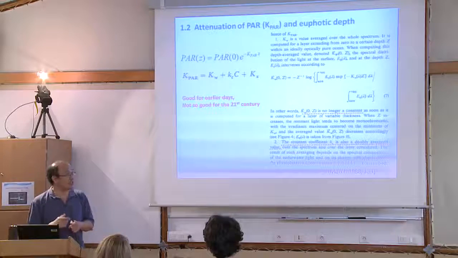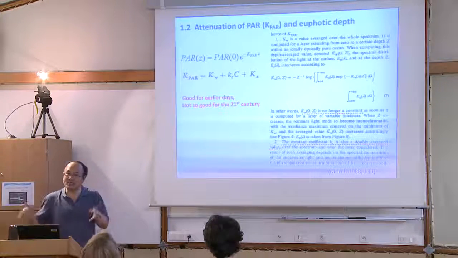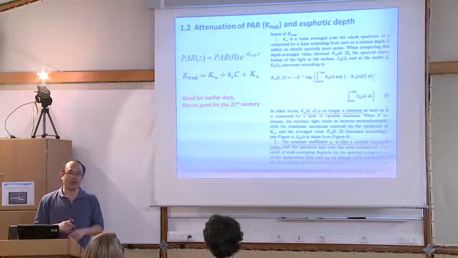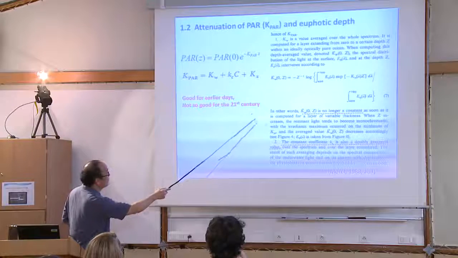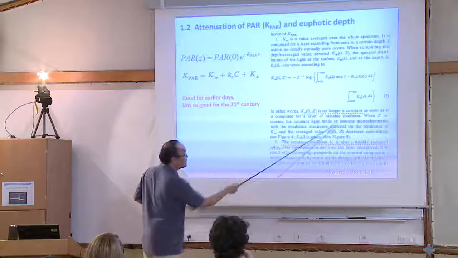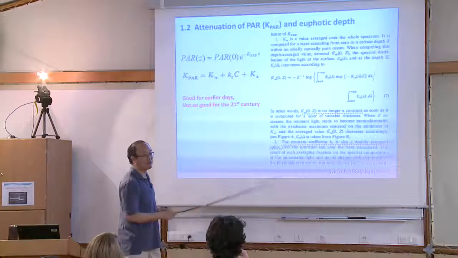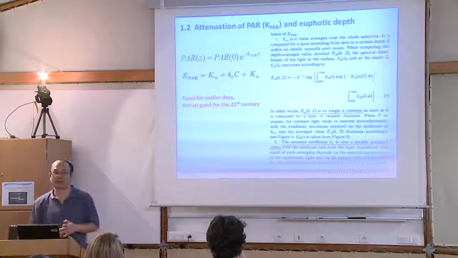Bluer and bluer basically means this K_PAR will get smaller and smaller. There's no such thing as a constant K water. As Morel said, K water(Z) is no longer constant as soon as you consider a layer of finite thickness. It's a simple math problem.